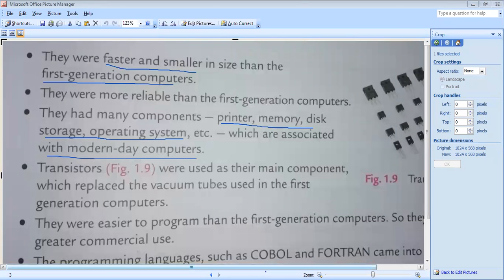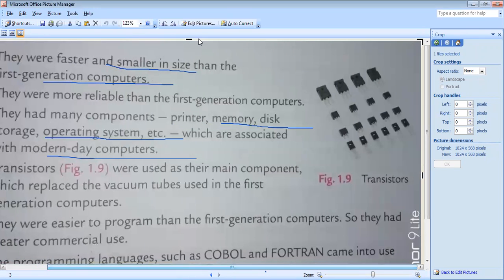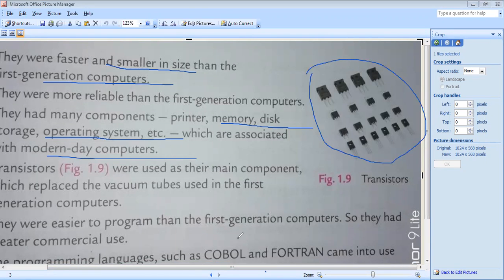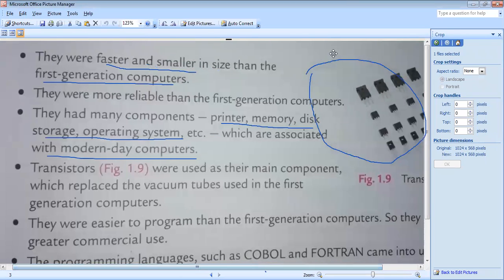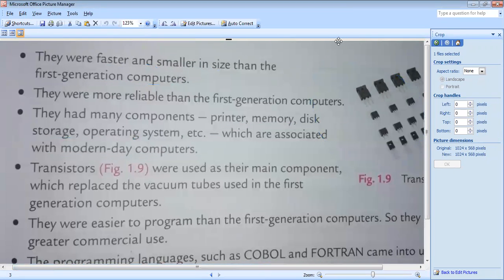In first generation computers, we used vacuum tubes. Here transistors were used as the main component, which replaced the vacuum tubes.